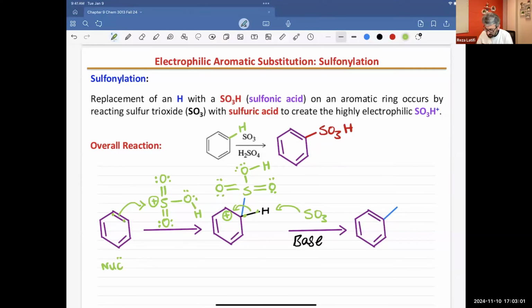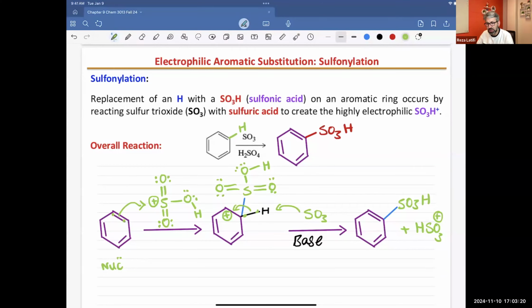So after taking the H, we will get again HSO3 with a positive charge, and what else? We will get sulfur with 3 oxygens attached to the ring, and that's going to be the final product.